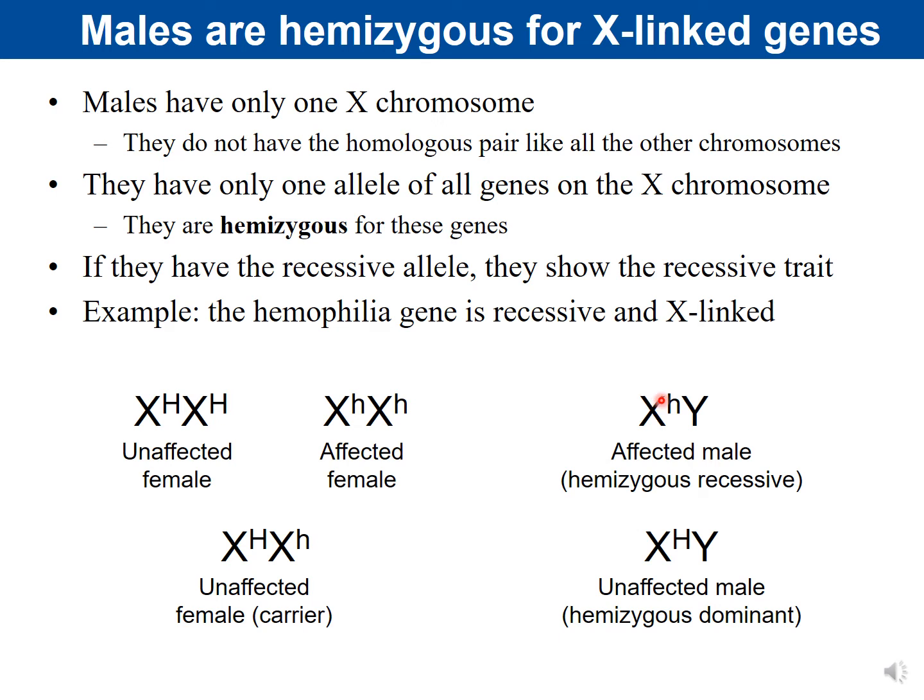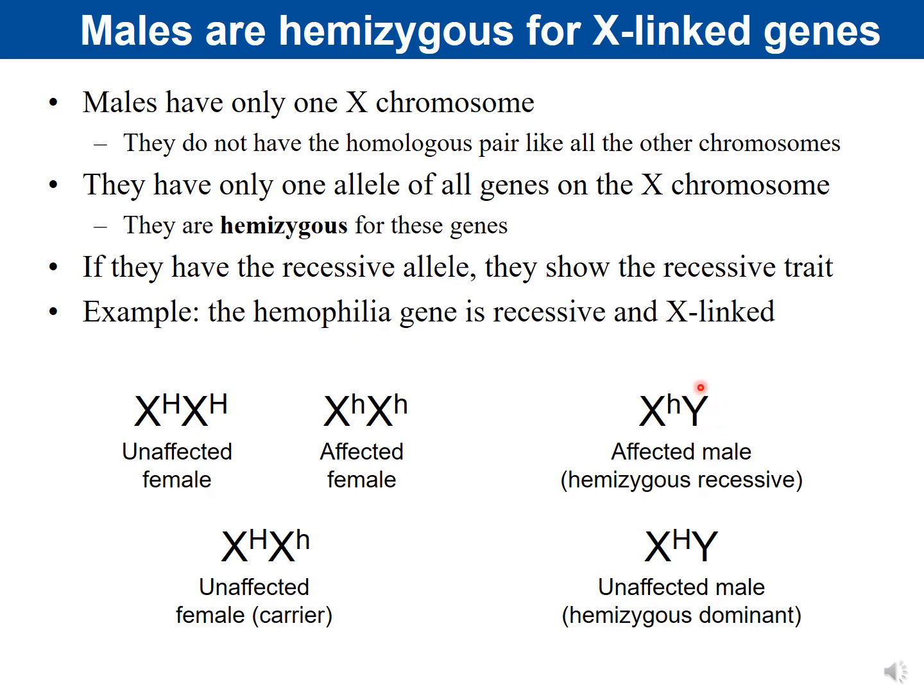So as a result, instead of saying homozygous or heterozygous, we can't say that. They only have 1 X. So we would say that they're hemizygous. Hemi, like think of hemisphere, half. They only have 1 X chromosome. So an affected male that has hemophilia would be X little h, Y.